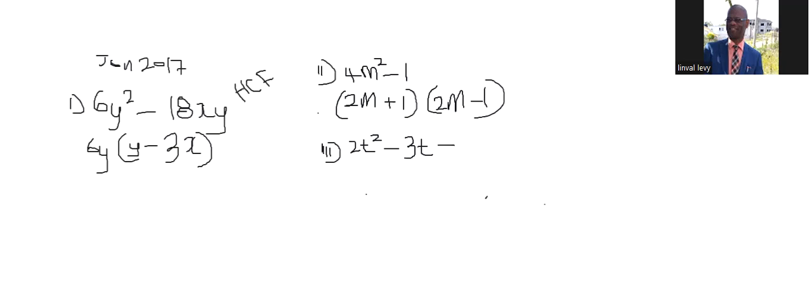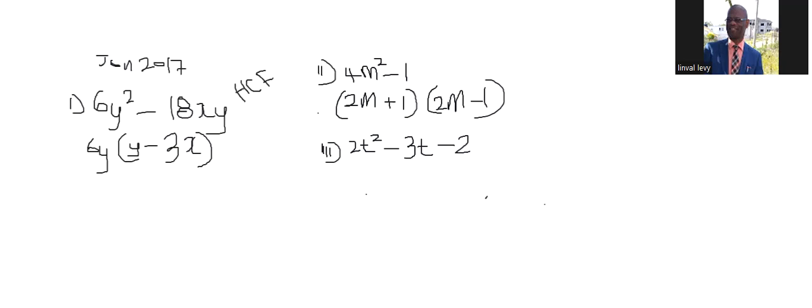Right? So once you see it in this form, ax squared plus bx plus c, it's a quadratic expression, right? So we have the quadratic expression 2t squared minus 3t minus 2.